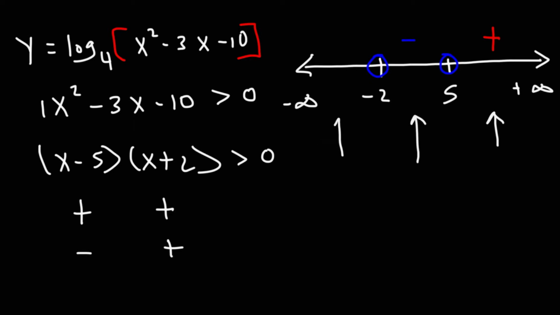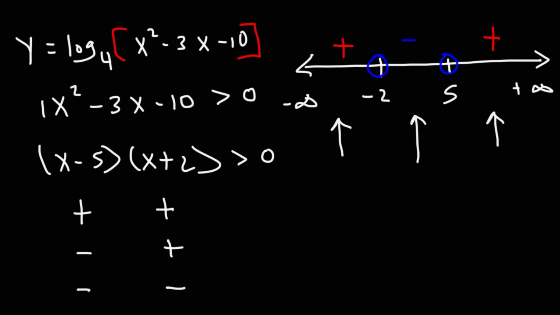Now if we pick a number between negative infinity and negative 2, like negative 3, negative 3 minus 5 is negative 8, so that's a negative number. Negative 3 plus 2 is negative 1, another negative number. Two negative numbers multiplied to each other will give us a positive number which is greater than 0.